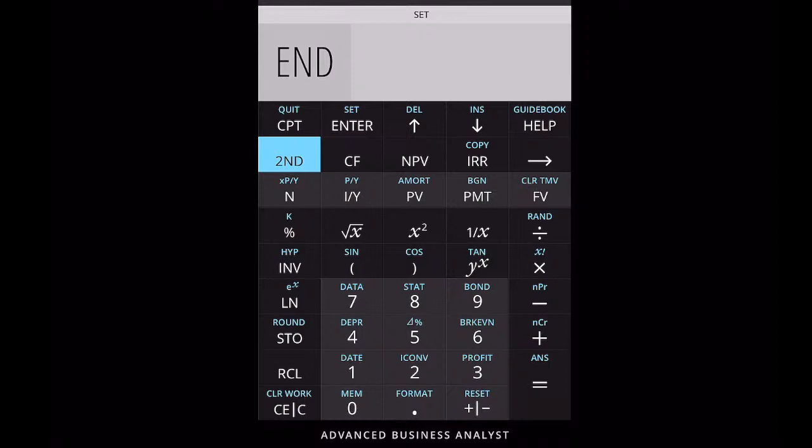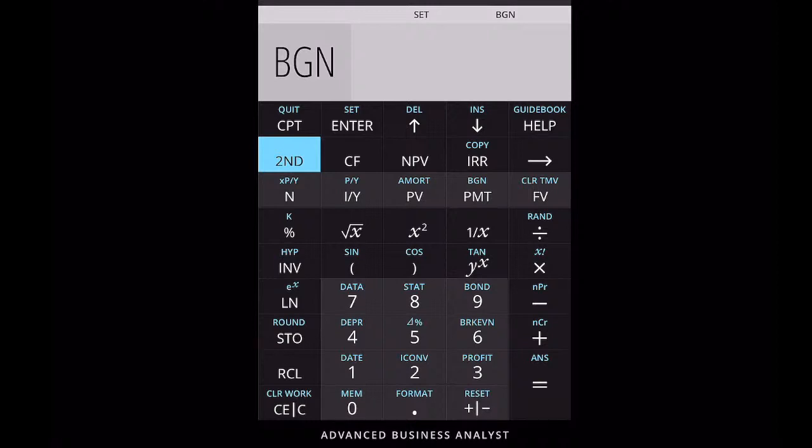It's telling you that it's in end mode. Okay, so second begin is telling you it's in end mode, but now I want to toggle it. I want to switch it to begin mode. Second set flips it to begin mode. And that's it. So now my calculator is in begin mode.